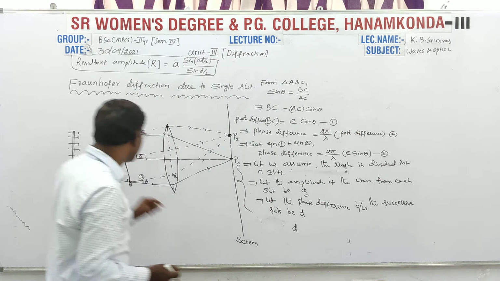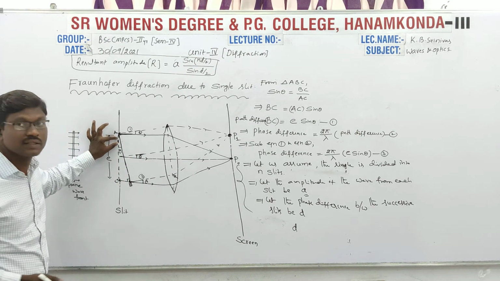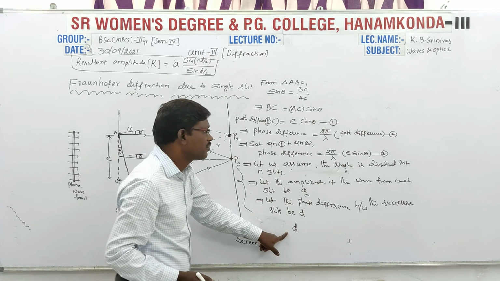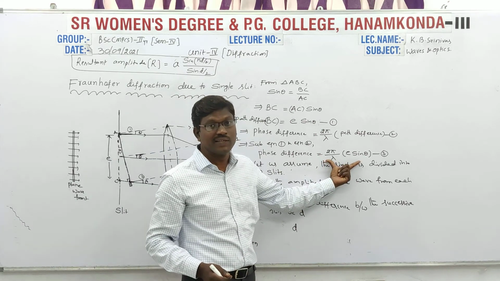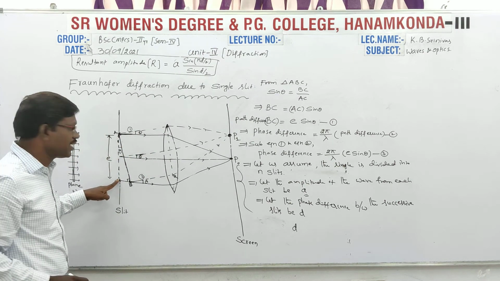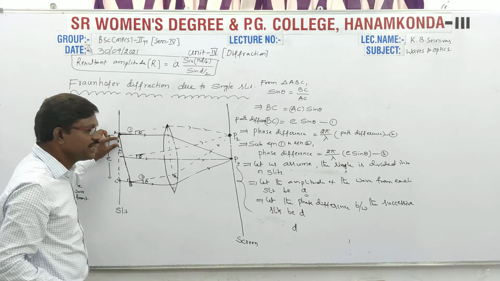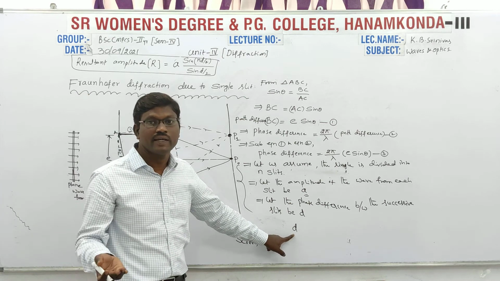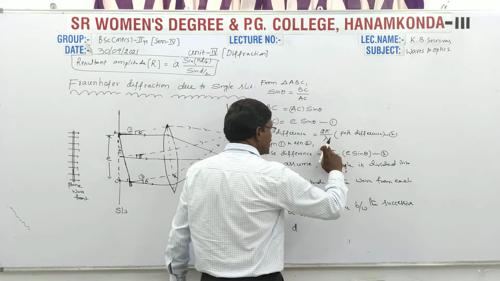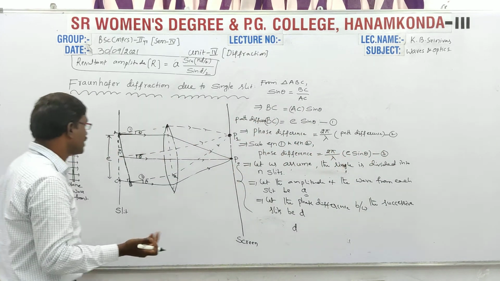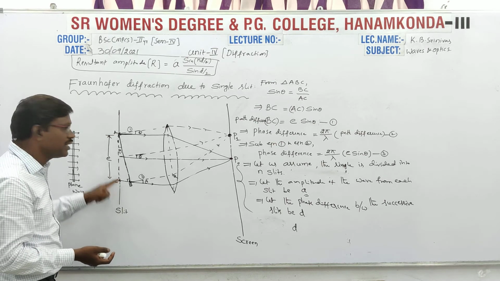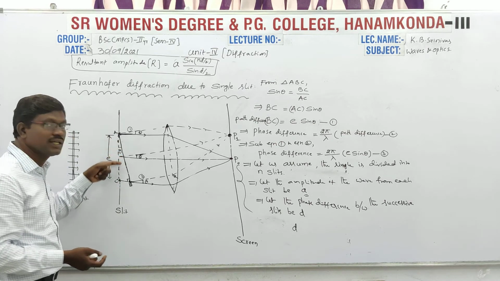What is d? That is the phase difference between the successive slits. How do we calculate this d value? We have the total phase difference between the first and last points, but I want to calculate the phase difference between any two successive slits. How do we calculate it? Simply by dividing this total phase difference by how many times? N times, because this whole slit is divided into n slits.